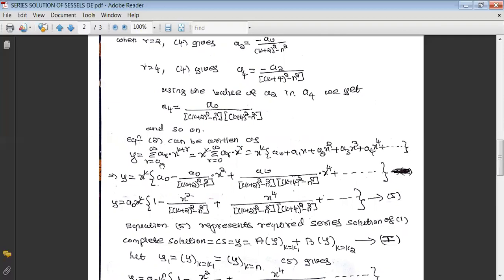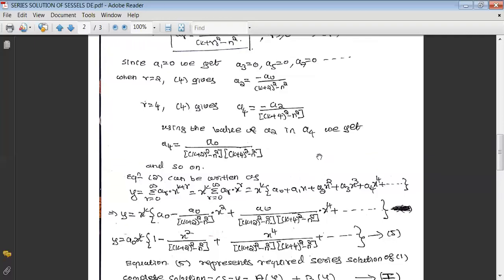Now this x raised to k we kept as it is, a naught we kept as it is. Now the value of a1 is 0, 0 into something is 0, ignore that. Now coming to a2, it is given by minus a naught over k plus 2 whole square minus n square, into x square. Again a3 is 0, as we already proved.